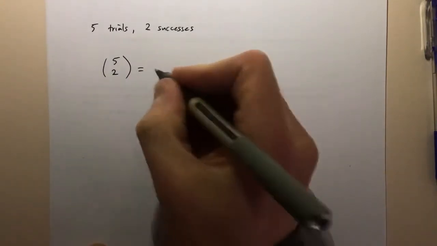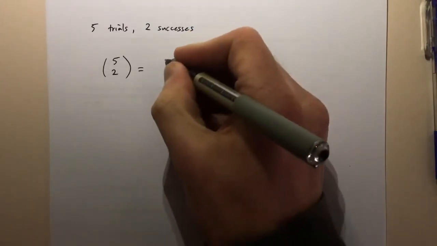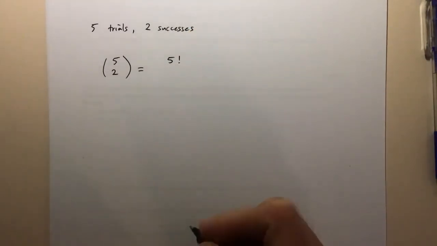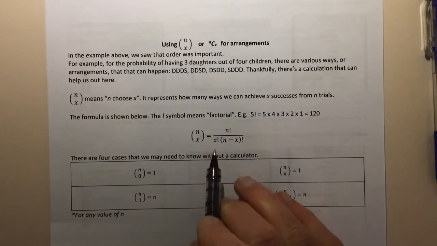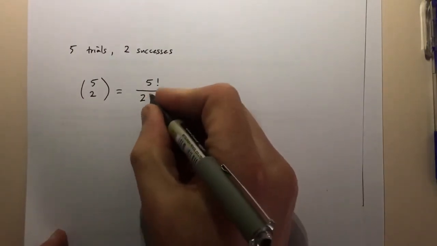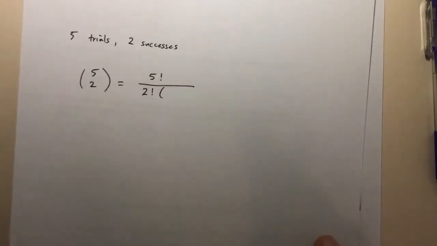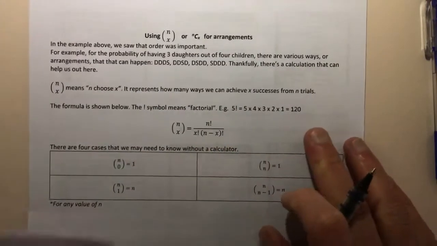But if we practice using this formula, the formula says that it's n, the top number, so 5 factorial divided by x factorial on the bottom, the number of successes, so in this case 2 factorial, times n minus x, so the number of trials minus the number of successes, factorial.